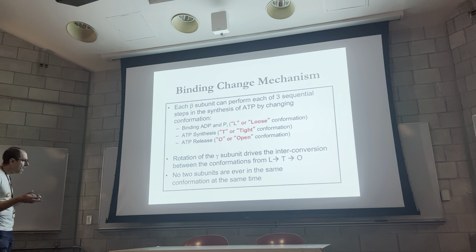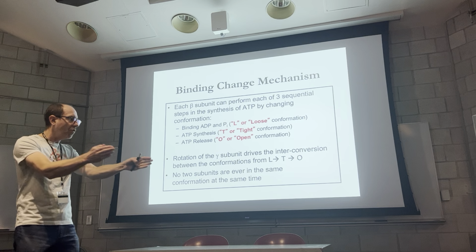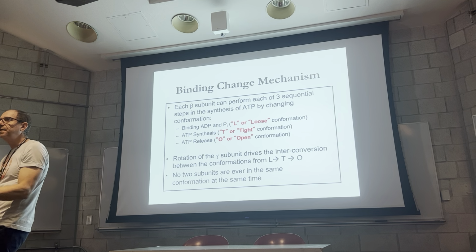And so what actually couples the free energy of protons moving through this machine on their way from the inner membrane space to the mitochondrial matrix is going to be the driving of the rotation of this gamma subunit, where it basically just goes around like this, facing beta subunits.